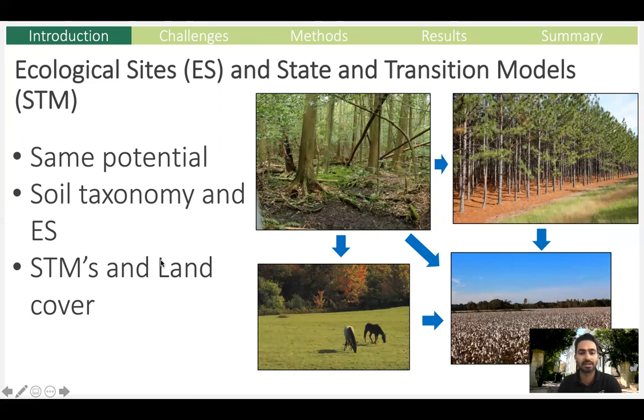So ecological sites are sites with similar potential to support vegetation and ecosystem, and so they represent similar soils. They classify an area based on similar precipitation, similar temperature, and similar parent material as a similar soil type. Within those similar soil types, there are changes occurring which are recorded in the state and transition model.